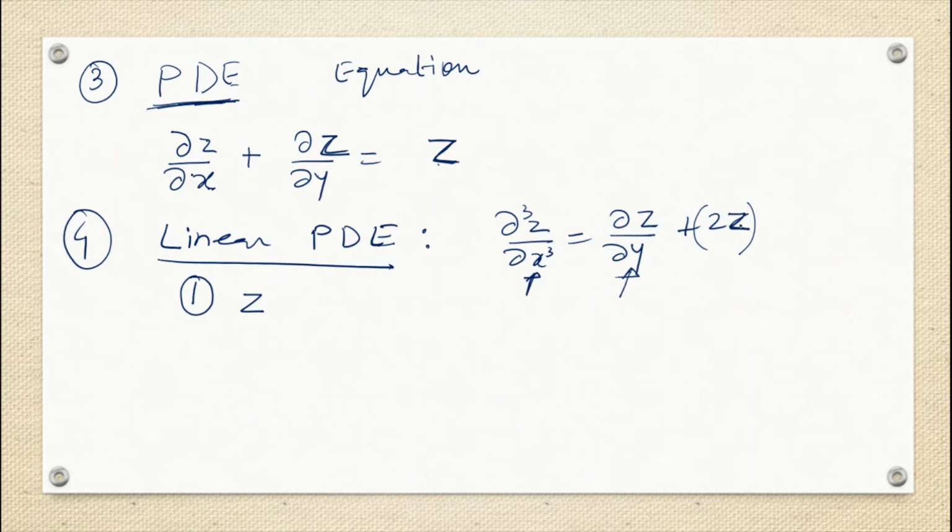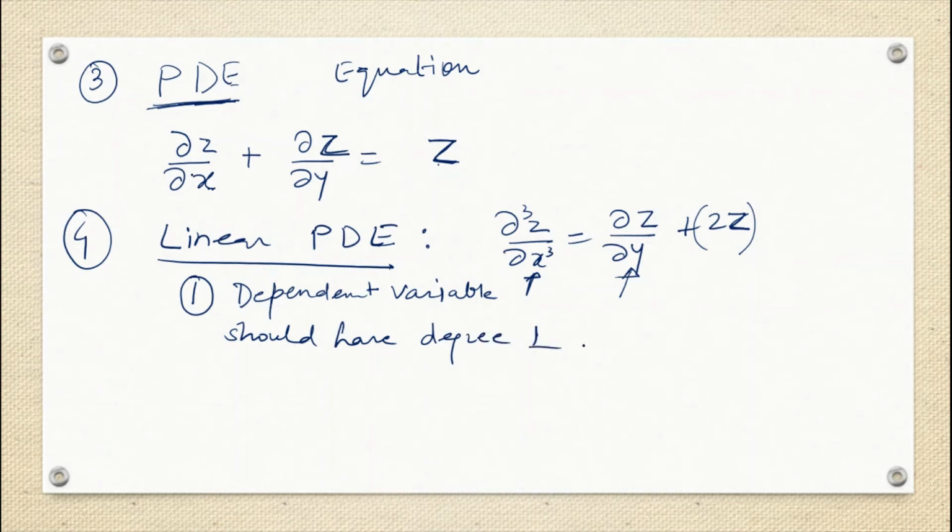So one property that should be satisfied to call it a linear partial differential equation is that the dependent variable should have degree 1.